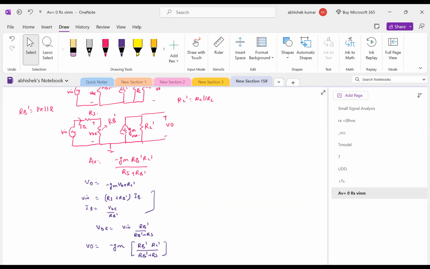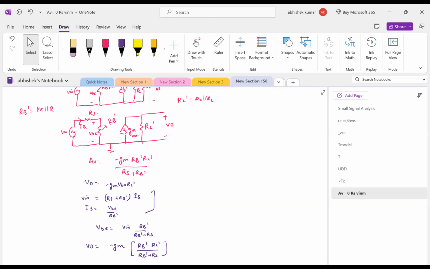Minus gmVBE times RC divided by RC plus RL, into RB dash. Right or wrong? Yes, sir. I output over I in gives gm RC RB dash divided by RC plus RL, into VBE divided by RB dash, right?